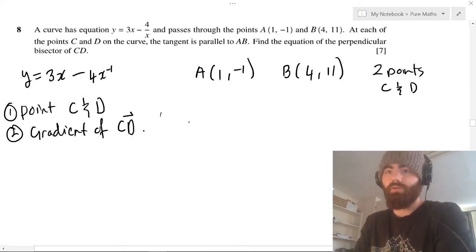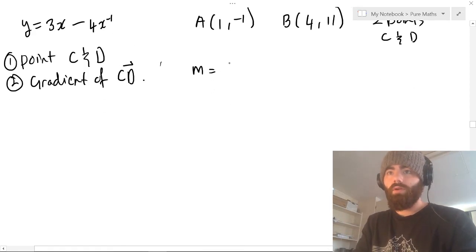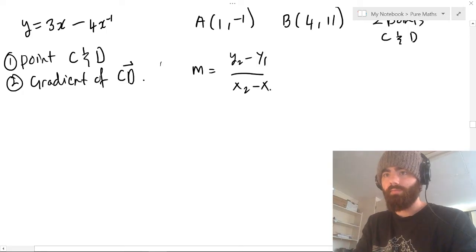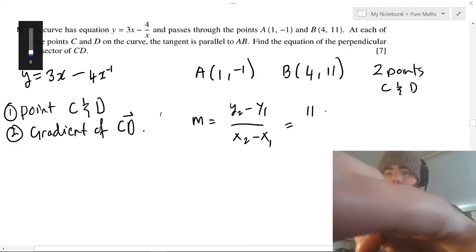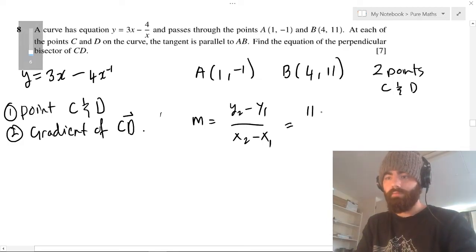So we have 2 points, so the gradient is going to be y2 minus y1. So we can just find it because it's a line. You know, you're connecting 2 points with a straight line. Well, y2 here is 11, and y1 is negative 1.